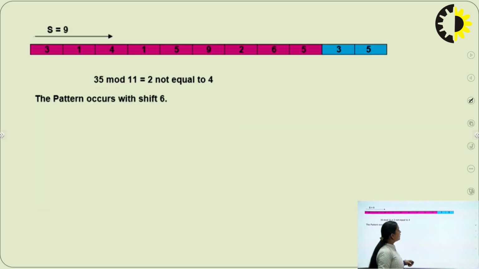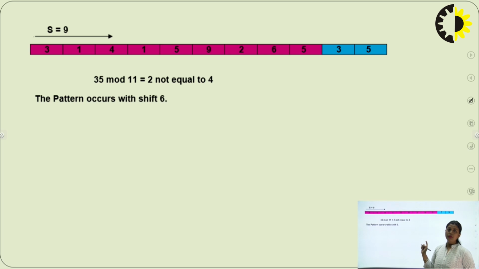In shift number 9, the value is 35. 35 mod 11 is 2, which is not equal to 4. So in this particular example, we just do 9 shifts.